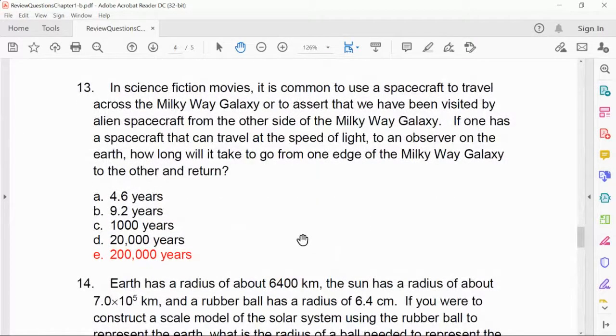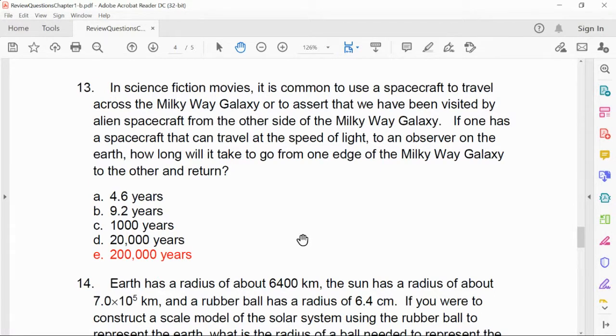In science fiction movies, it is common to use a spacecraft to travel across the Milky Way Galaxy or to assert that we have been visited by alien spacecraft from the other side of the Milky Way Galaxy. If one has a spacecraft that can travel at the speed of light to an observer on the Earth, how long will it take to go from one edge of the Milky Way Galaxy to the other and return?